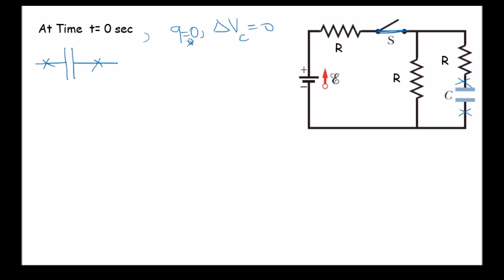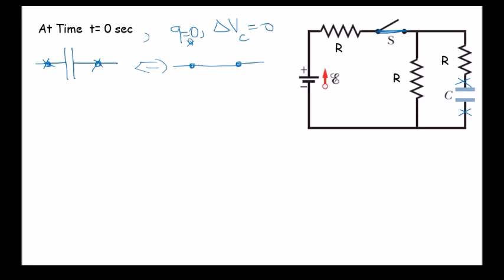It means that these 2 points are at the same electrical potential. It's as if there is a wire between them.